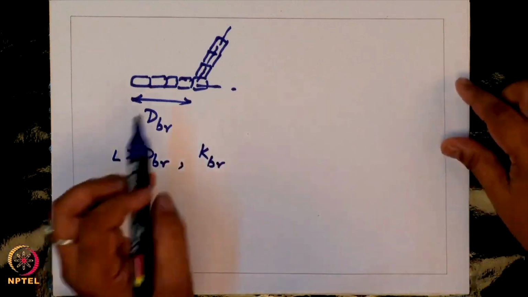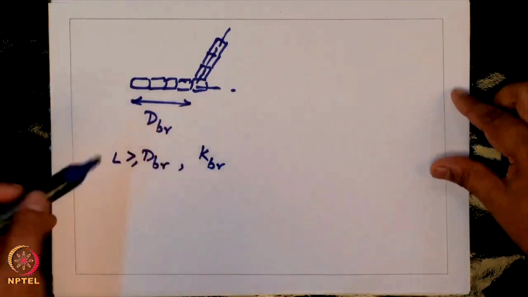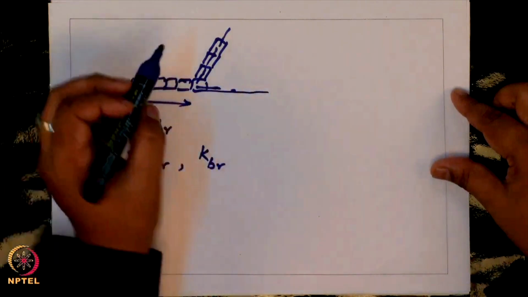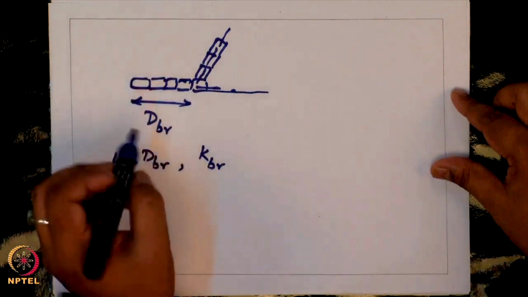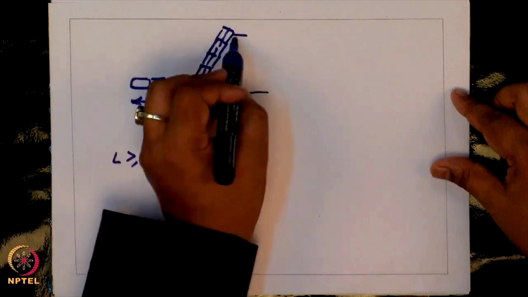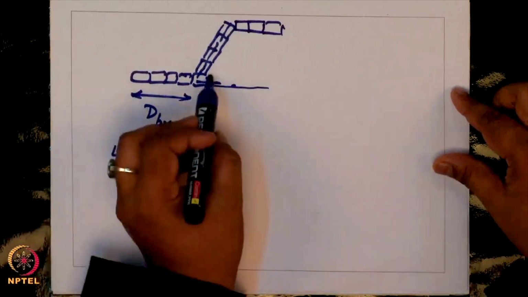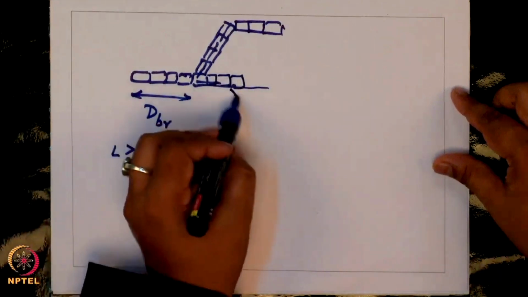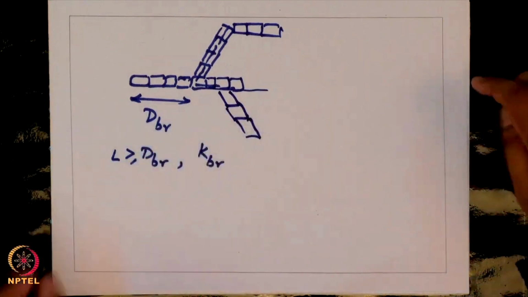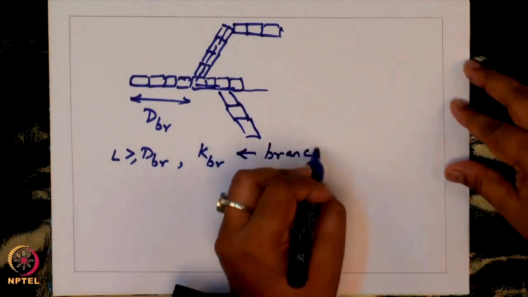It is not necessary that as soon as an existing filament reaches a length of dBr, the next filament has to branch. As a consequence, you can have multiple branching events. If my dBr in this case is 4 monomers, once I have 4 monomers, I can theoretically form another filament which grows horizontally, and so on and so forth. Similarly, from here, for the existing filament to grow, I can have another situation where a filament branches like this.